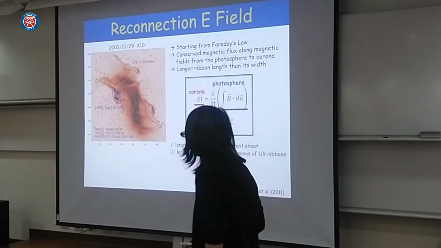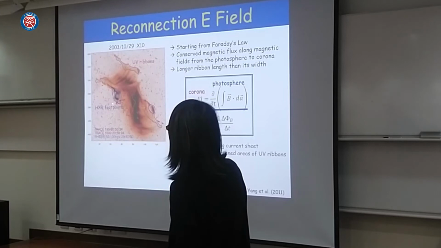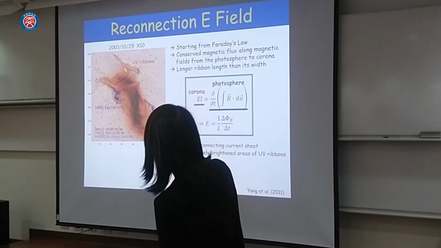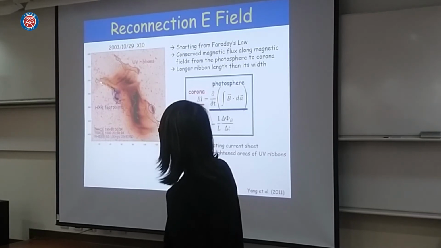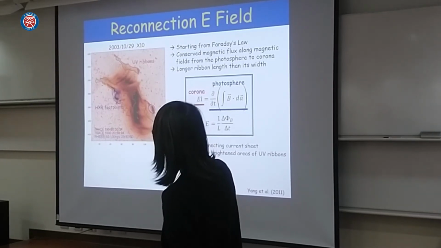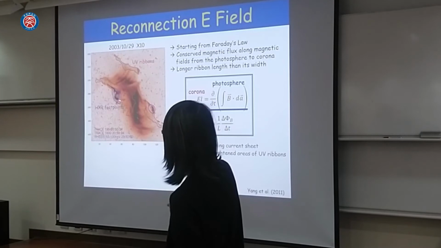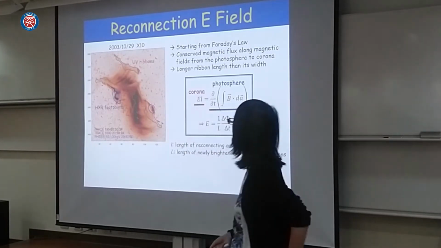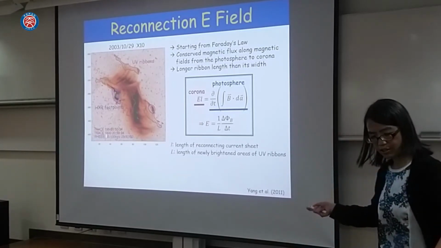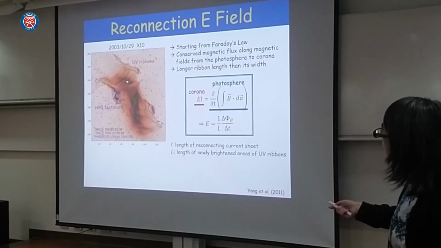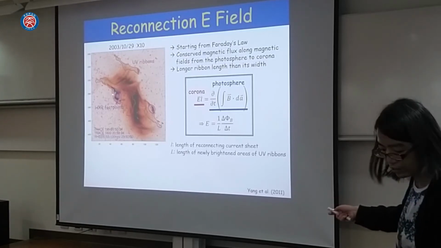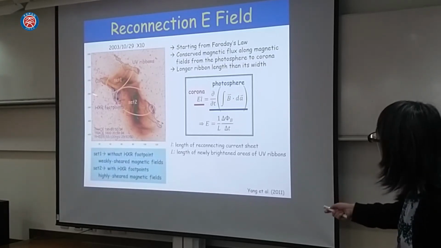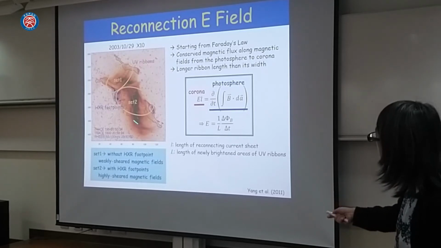You can see the background image showing the loop structure, overlaid by the ribbon structure, and you can also see the HXR footpoints over there. It is clear that there are two sets of loops. One is here, set 1, and the other is here, set 2.